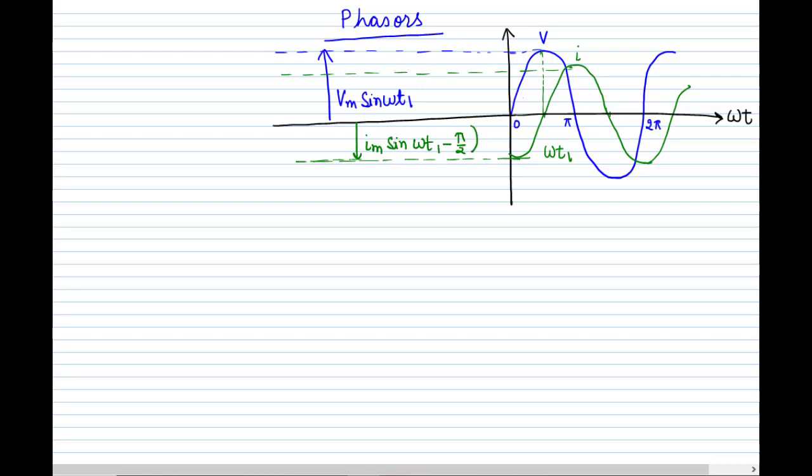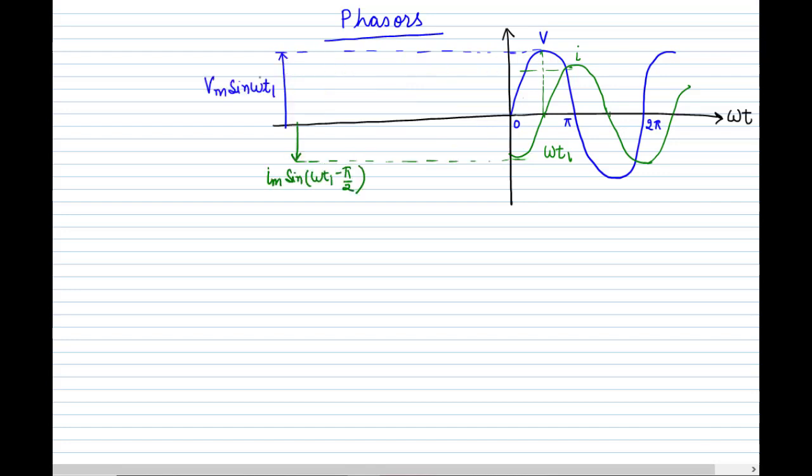That is why we have taken it downward, because initially when it is maximum positive, then it is maximum negative. So that is how we can show. So this is Vm sin omega t1 and this is Im sin omega t1 minus pi by 2.